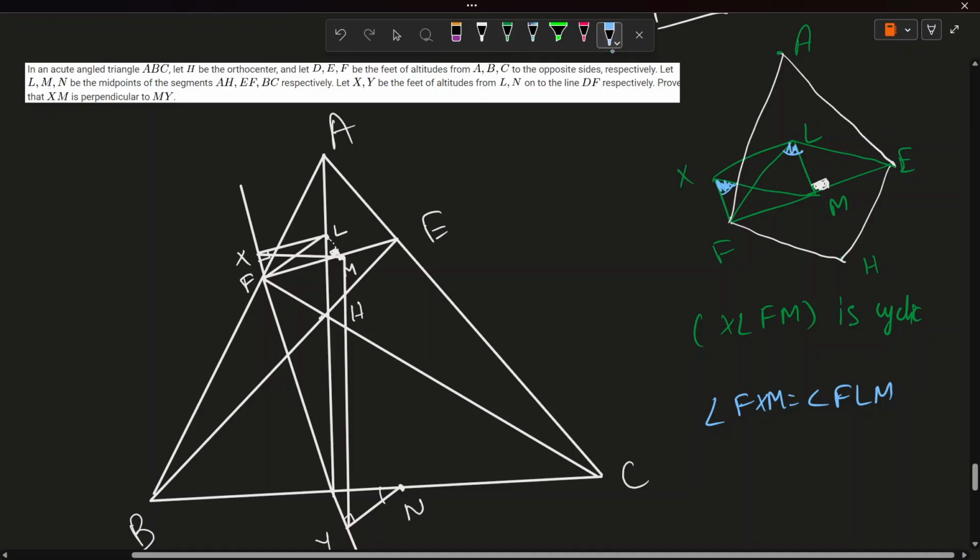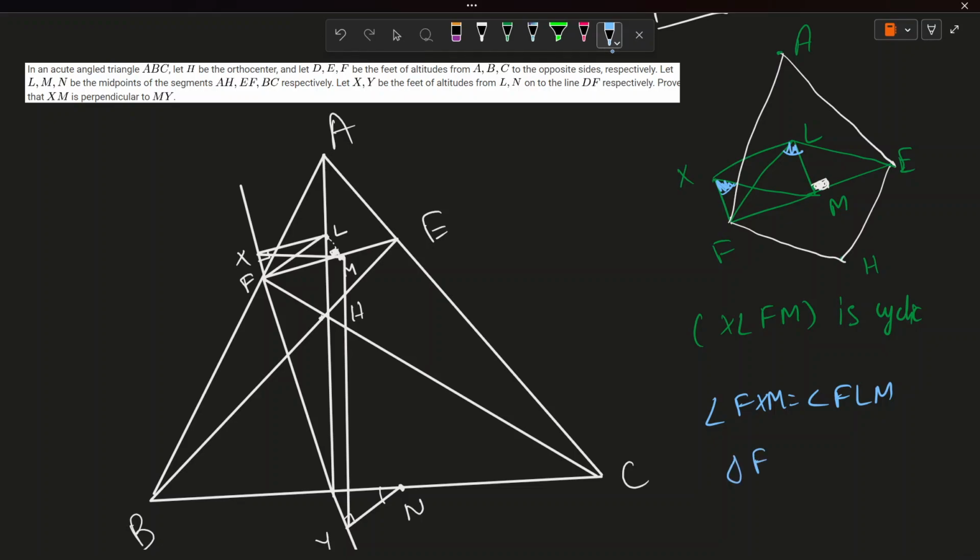Because this is perpendicular, we also know that in a cyclic quadrilateral, triangle FLM is congruent to triangle ELM. This is E. So this is also equal to the blue angle, and angle FLE is equal to twice angle FAE, which is equal to angle A.